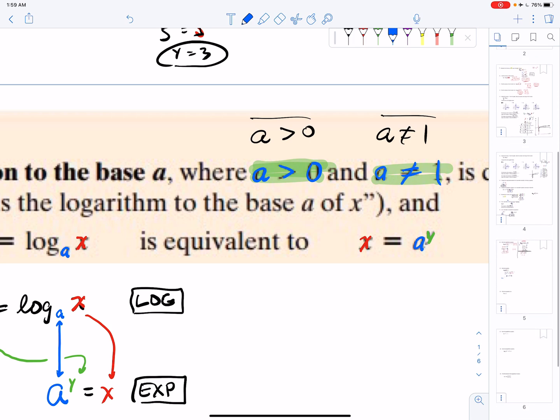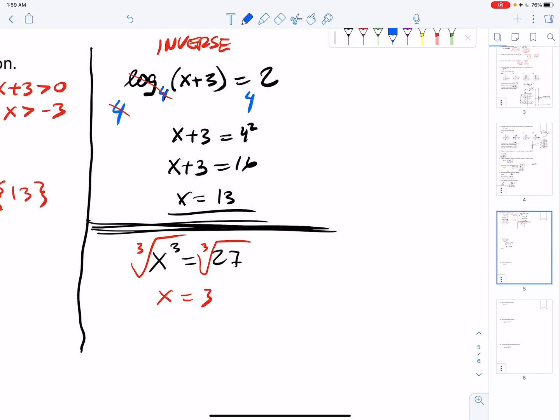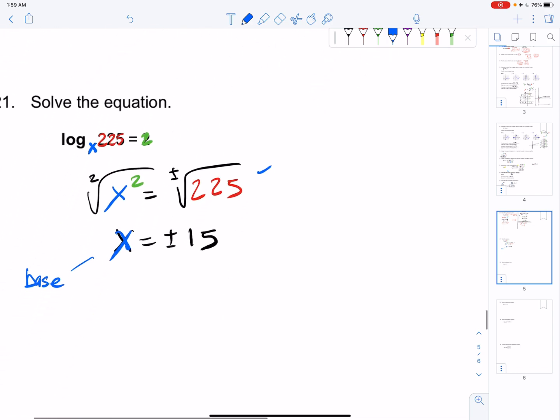So why am I saying that right now? Because I end up getting negative 15, which is not greater than 0. So the negative part has to be rejected, and the answer is just positive 15, because we're not allowed to have a negative base.